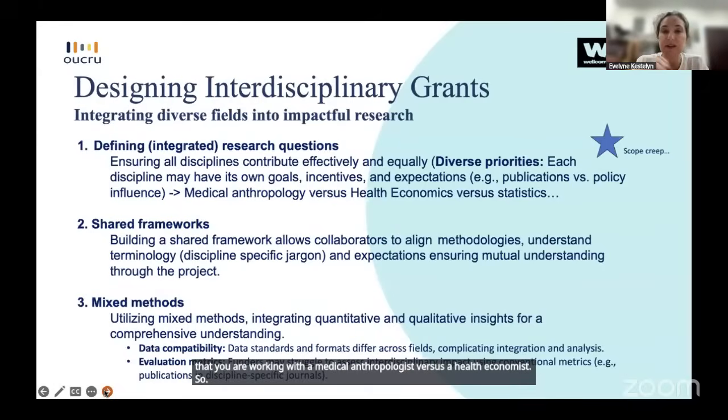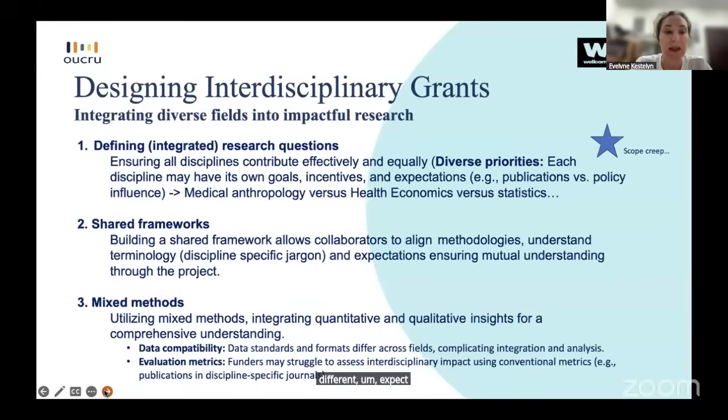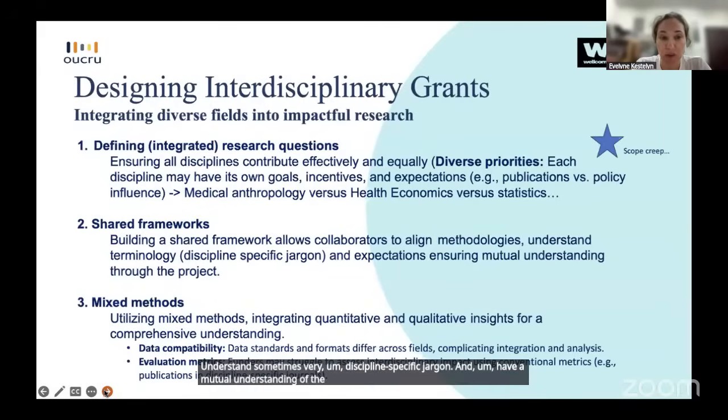So, different expectations. Shared frameworks are very similar. By building a shared framework, you allow collaborators to align methodologies, understand sometimes very discipline-specific jargon, and have a mutual understanding of the expectations throughout the project.